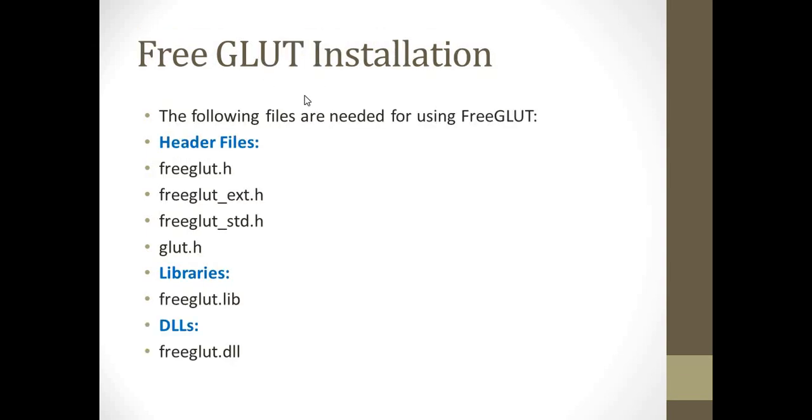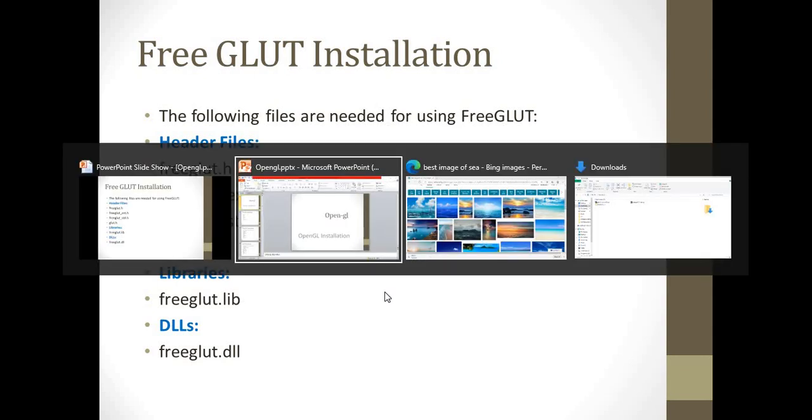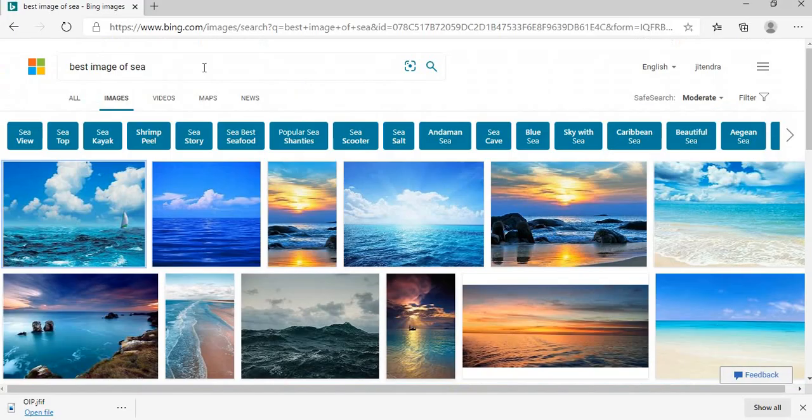Okay. So first we need to download FreeGLUT from the internet. After downloading FreeGLUT, we need its header files, libraries and DLL to create a window. So first we will see how to get it.